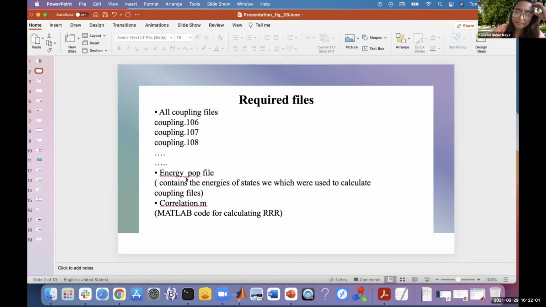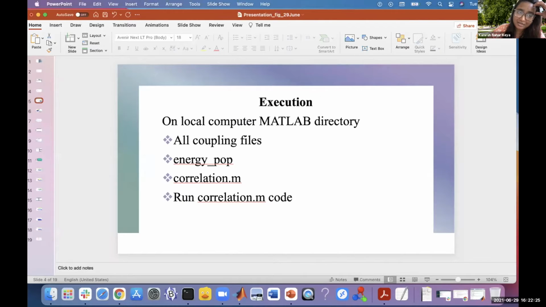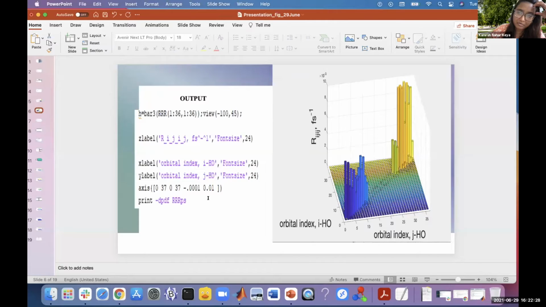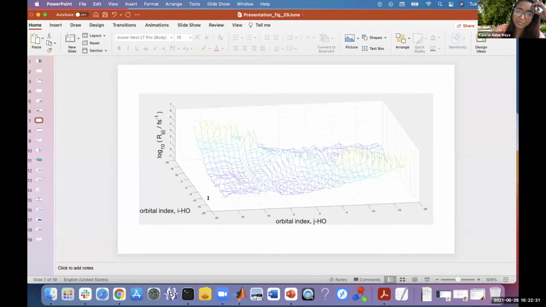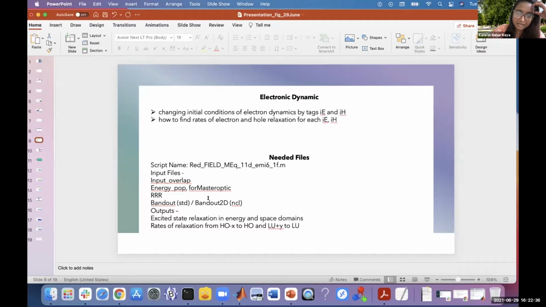From that model, I did the coupling calculation, and from that coupling calculation we got lots of files. Using the coupling file, energy pop, and the MATLAB code, we did the RR calculation and plotted this kind of graph. This one I did previously, and now the professor told me to do this.